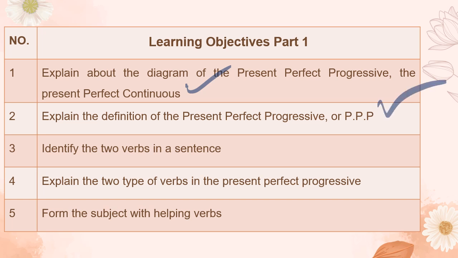Number 3. Identify the two verbs in a sentence. Number 4. Explain the two types of verbs in the present perfect progressive. Number 5. Form the subject with helping verbs.